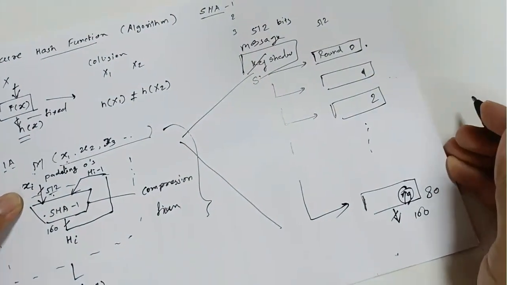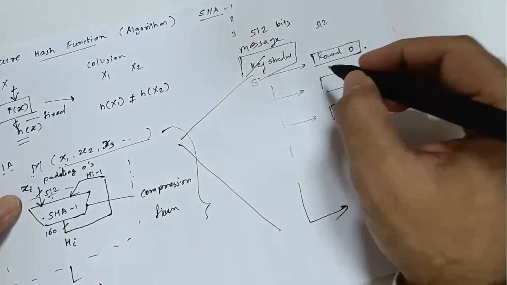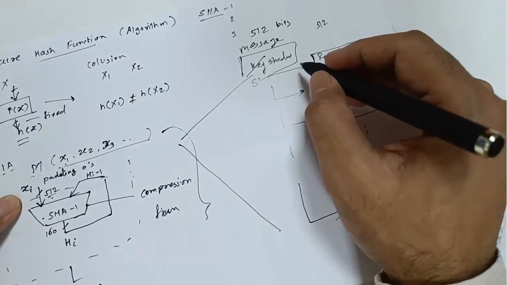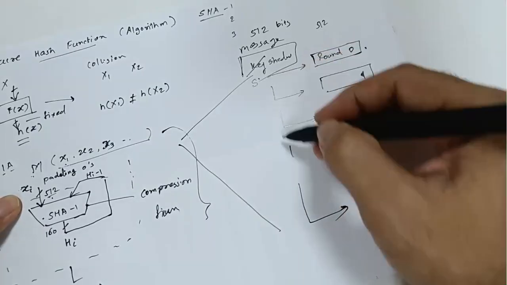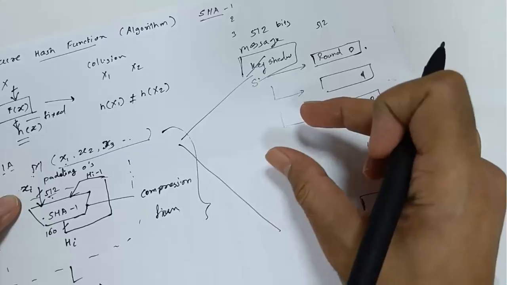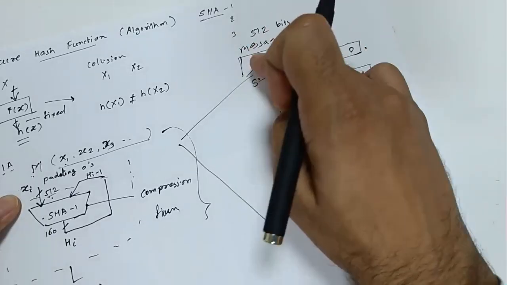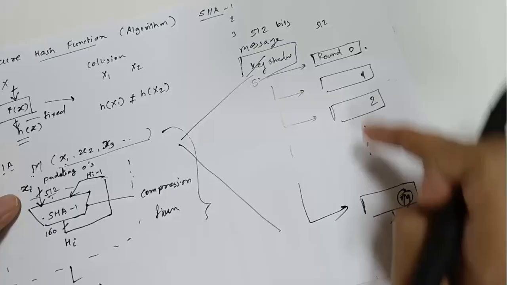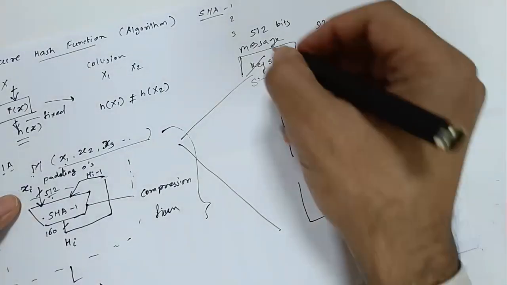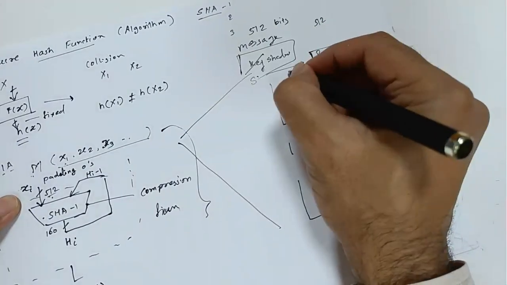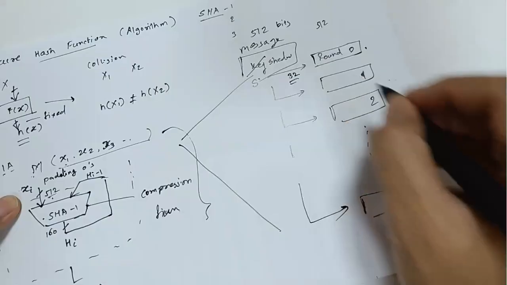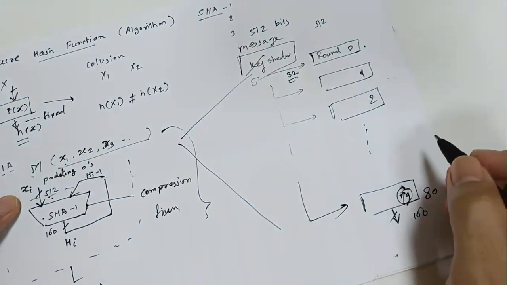Now, these 512 bits are divided into many parts, because the 512 bits go into all the rounds. Each round takes a 32-bit input.